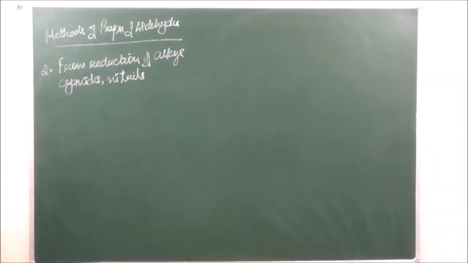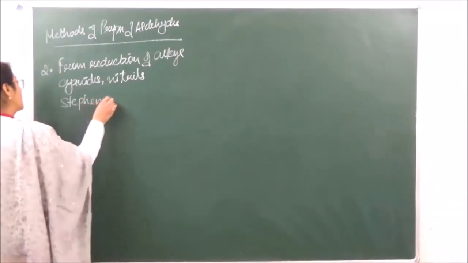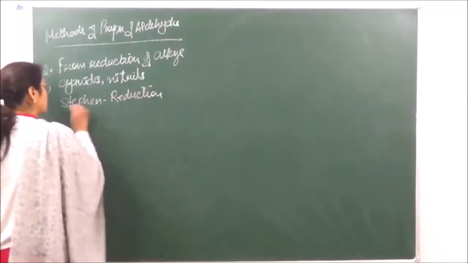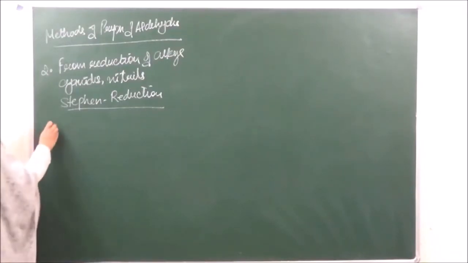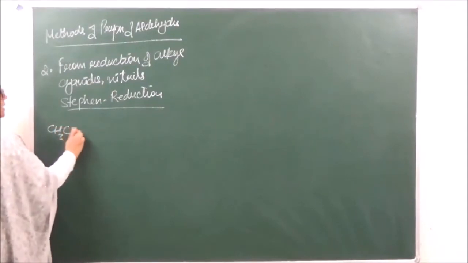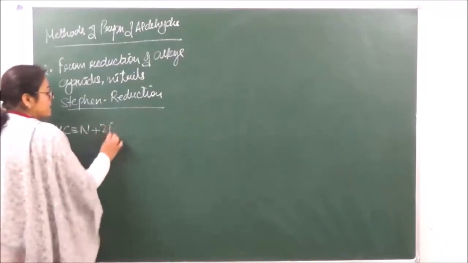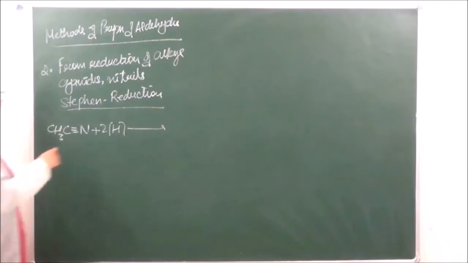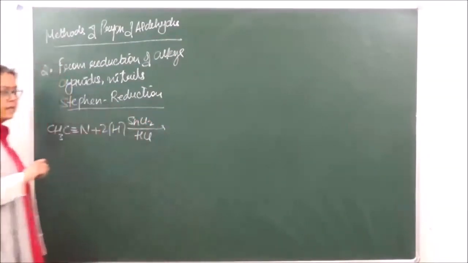This is again a name reaction, known as Stephen reduction. Okay, now how are we going to bring about this reaction? We have CH3C triple bond N. In this case, reduction is carried out by nascent hydrogen in the presence of stannous chloride, SnCl2, and HCl.